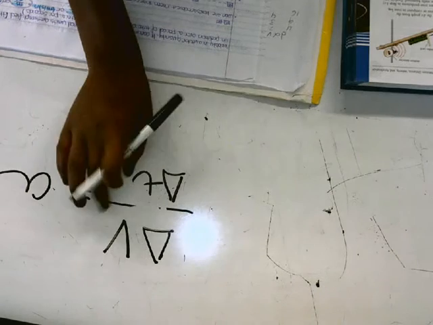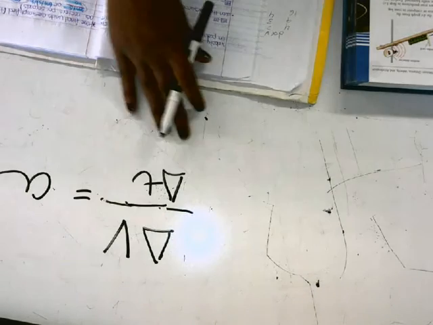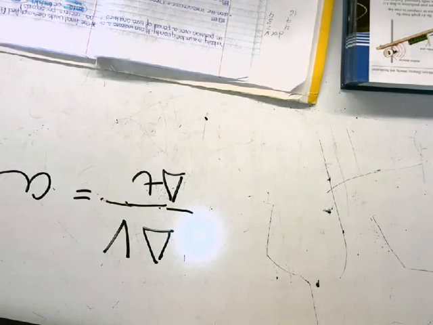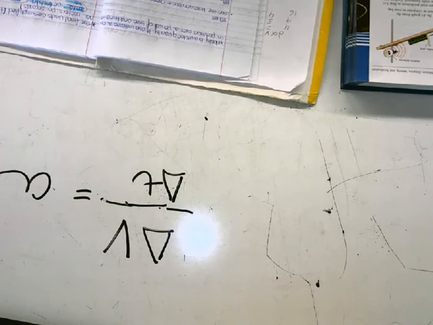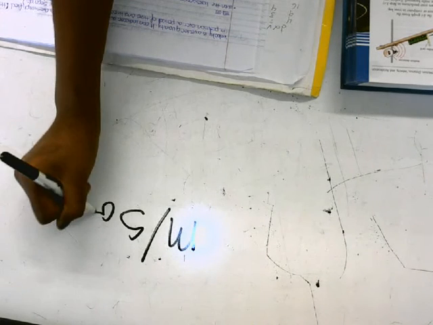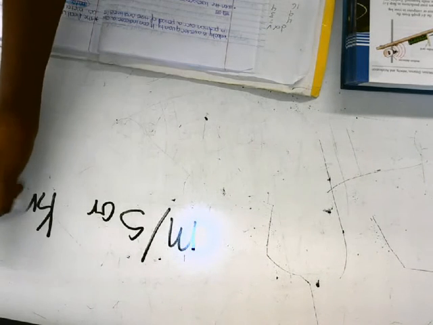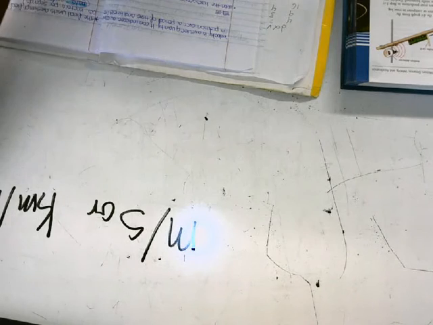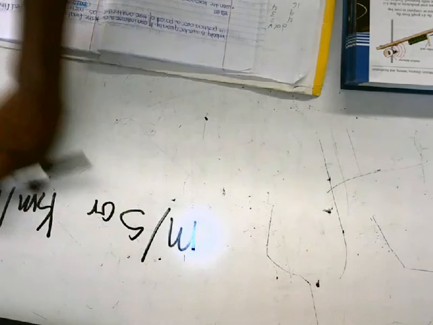The final units are simplified. They read either meters per second over seconds, or parentheses m/s, parentheses s, which is m over s squared, or m/s².